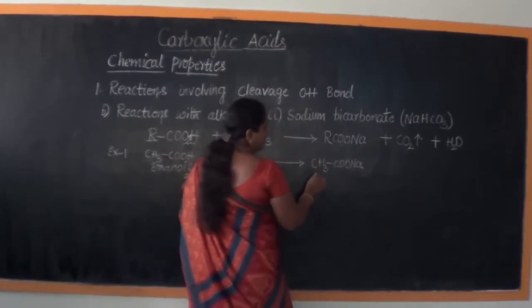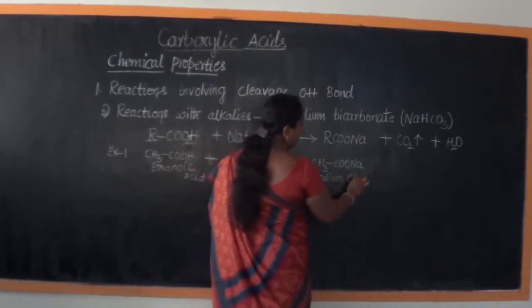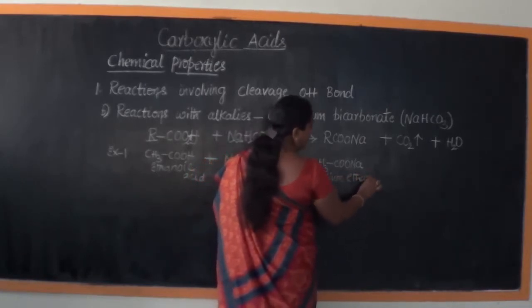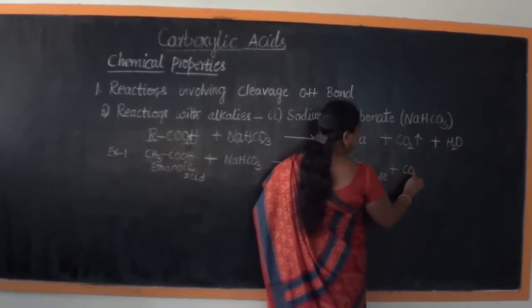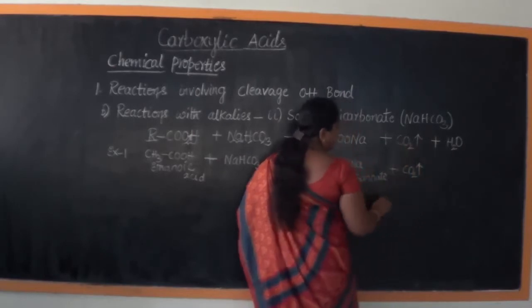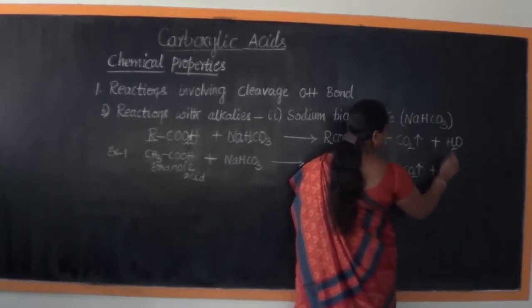What is the name of this compound? It is sodium ethanoate. This compound should be called sodium ethanoate. It is a salt. Along with this, we find liberation of carbon dioxide associated with effervescence and formation of water.